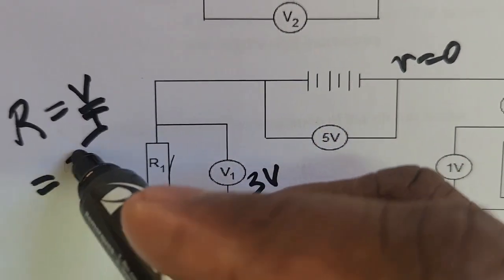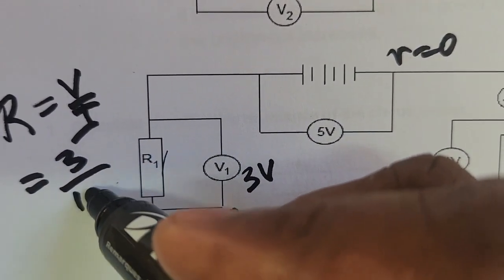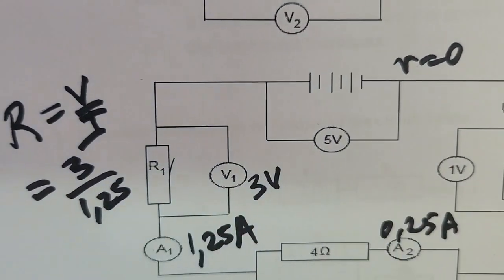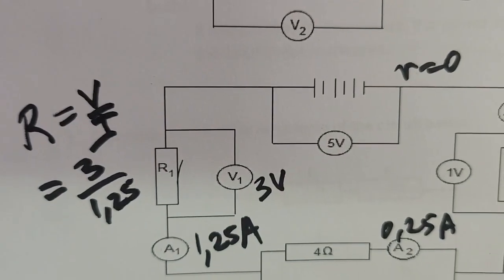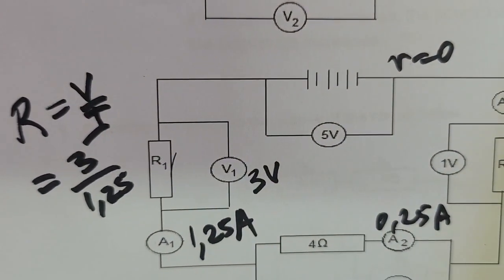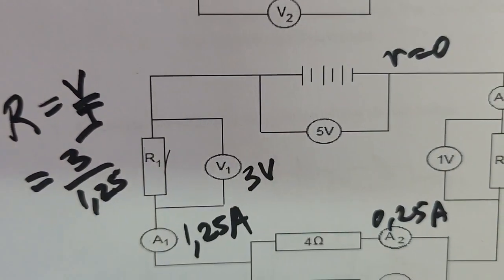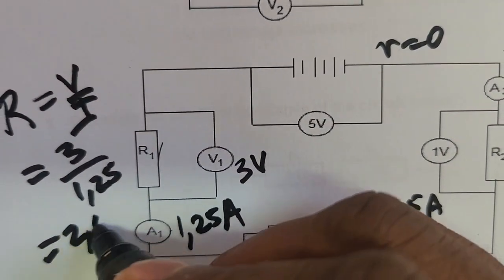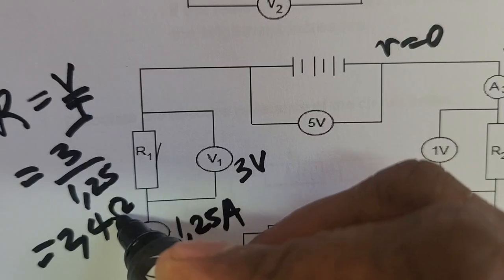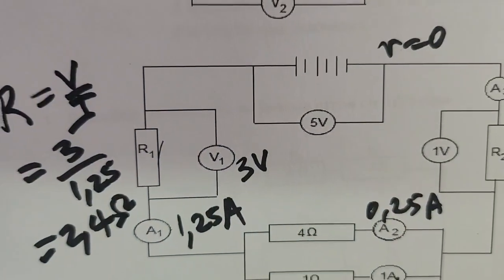Voltage is 3. The current is 1.25. That's how it is. Therefore, what is 3 divided by 1.25? The answer will be 2.4 ohm. Fine. So that is R1.